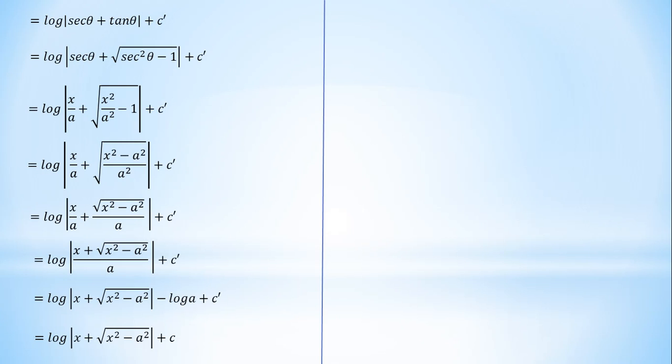But here, if there is root of x square minus a square, then we have to put x is equal to a sec theta, and after simplifying that we get the result, that is the standard result related to the substitution method. Okay, thank you.